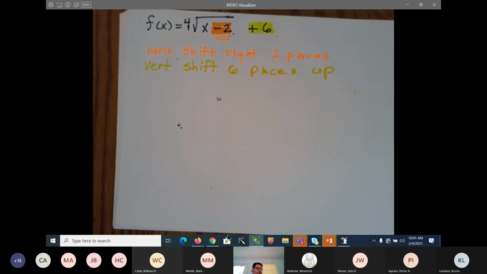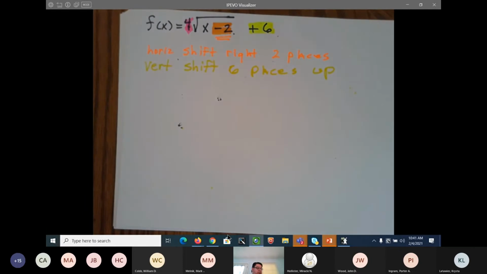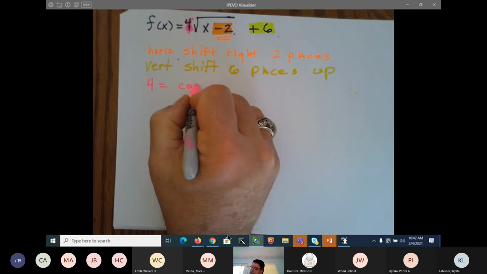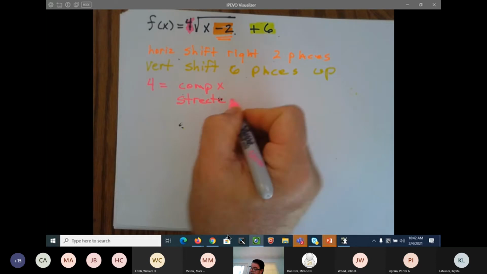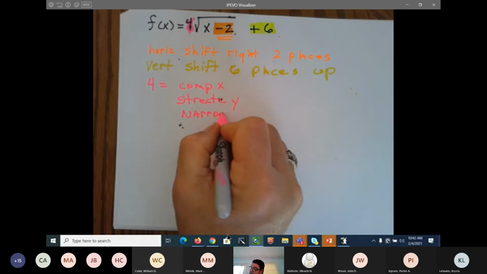The 4, which we'll do in pink, the 4 tells us that it's going to be narrow. Where's my pink? There it is. 4 equals compressed along the x-axis and stretched along the y-axis, which means narrow.